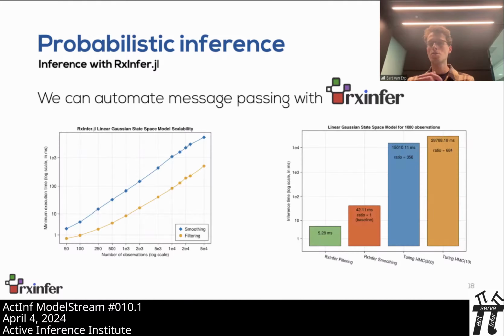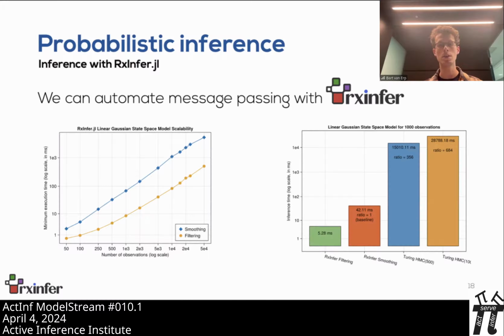On the right, we also do a comparison between RxInfer, our toolbox, and Turing. Turing is another toolbox in Julia, which doesn't use message passing to solve the actual marginalization problem, but instead reverts to sampling. So instead of computing everything analytically or mostly analytically or with approximations, it draws a lot of samples and tries to extract statistics from this.